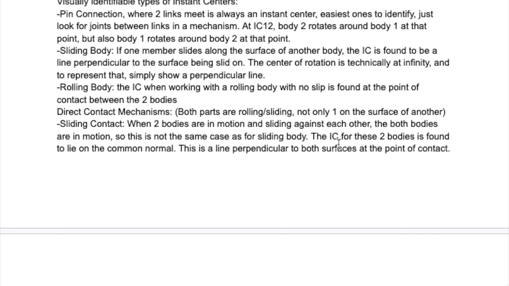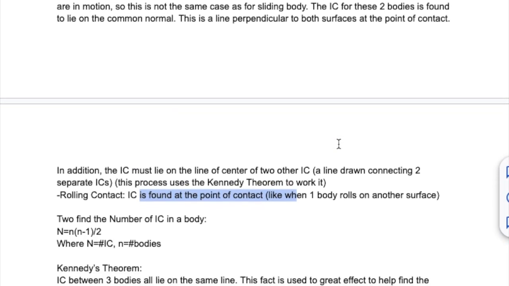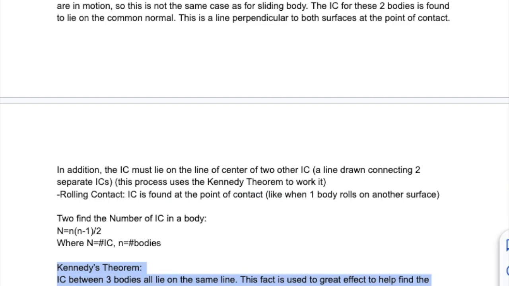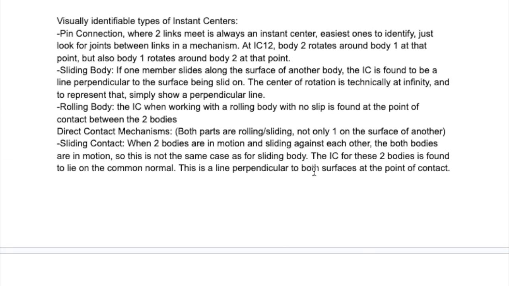How do you find the exact location? You want to use the Kennedy theorem, which is explained later on, but essentially it states that between three members, all three instance centers are aligned. They're all on the same line. So now we just need to find a third member to involve.